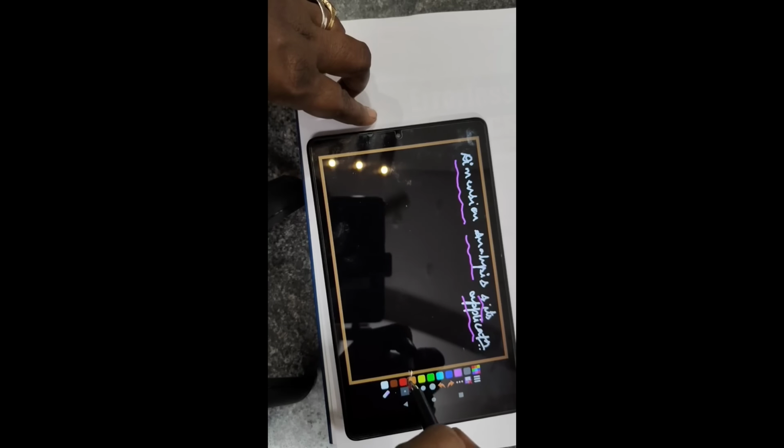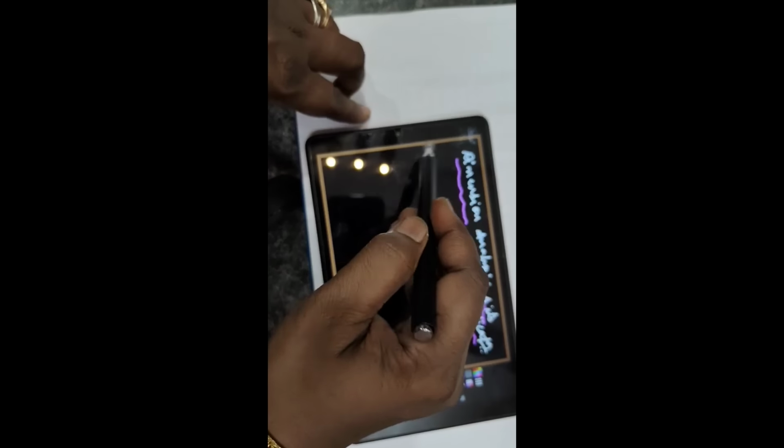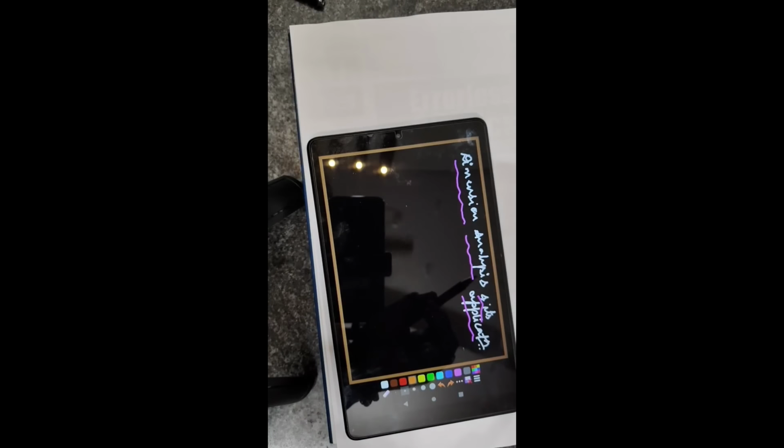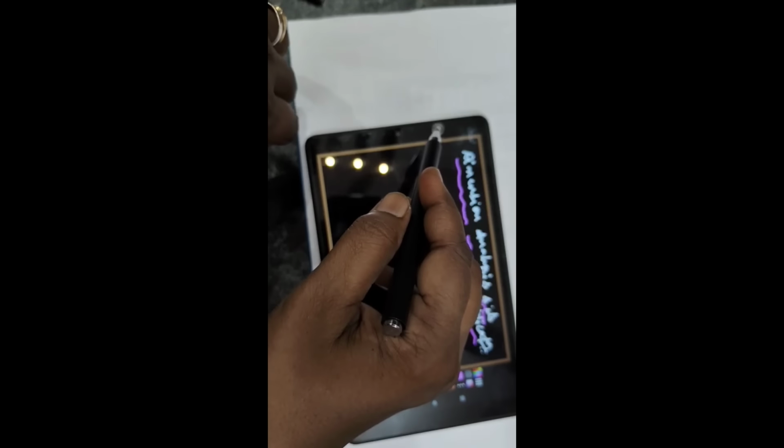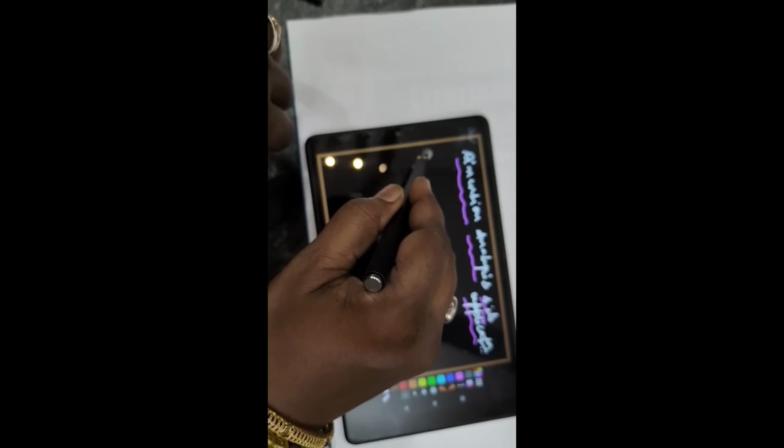So here, first of all, the first one is to convert the unit of a physical quantity from one system to another.